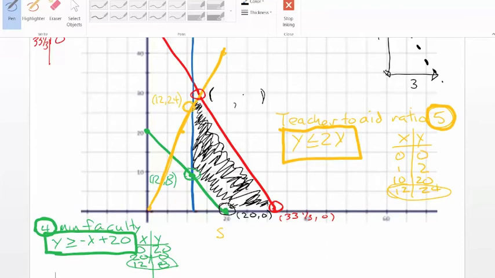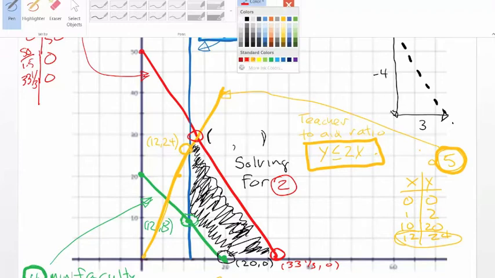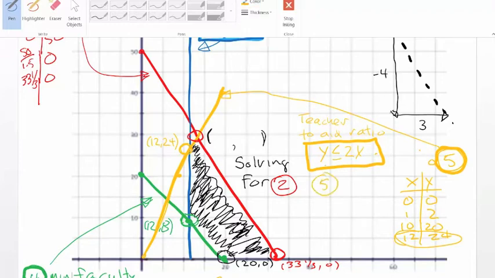And we solve that by doing those 2 equations and 2 unknowns, basically eliminating y and setting the 2 equations equal to each other. So that gives us 2x on the one side from the teacher aide ratio, and from the budget we get negative 3 over 2x plus 50.